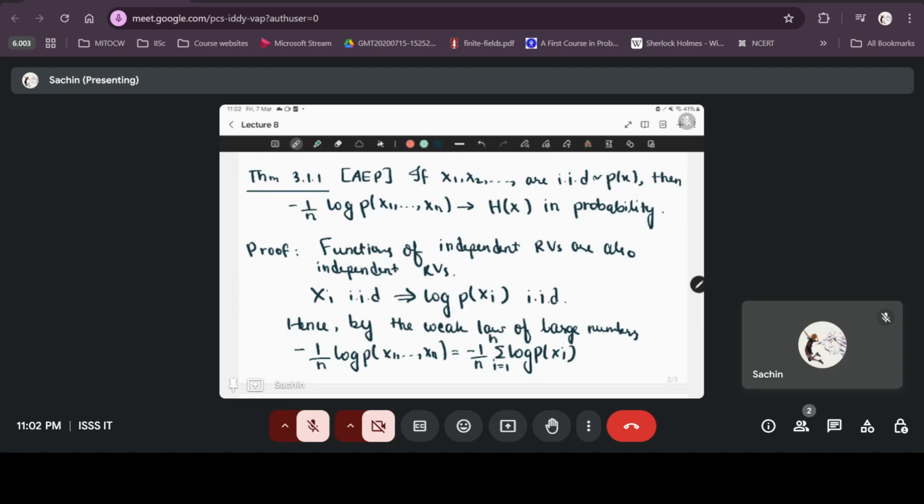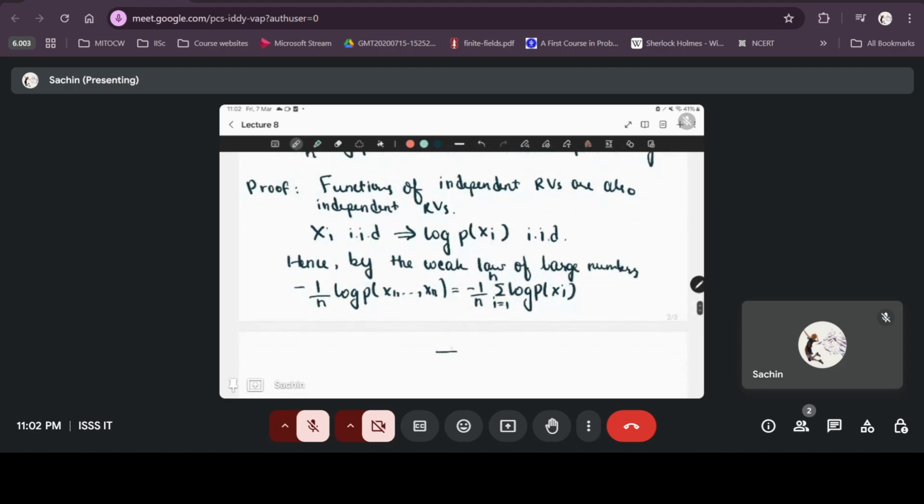So log of P of x1 to xn is log of P of x1 into P of x2 into etc. up to P of xn because they're independent. And then log of products is a sum of logs. So it becomes summation i equal to 1 to n log of P of xi.